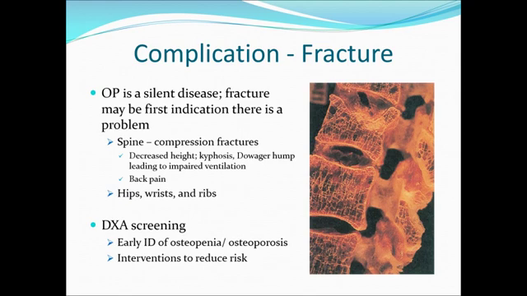So you'll see the decreased height, you'll see the kyphosis, you'll see the Dowager's hump, and that Dowager's hump can actually lead to impaired ventilation. So it really interferes with their lungs' ability to fully expand. So then you're going to have only partially inflated alveoli. You can get atelectasis, which can turn into pneumonia, and a huge host of problems with that.